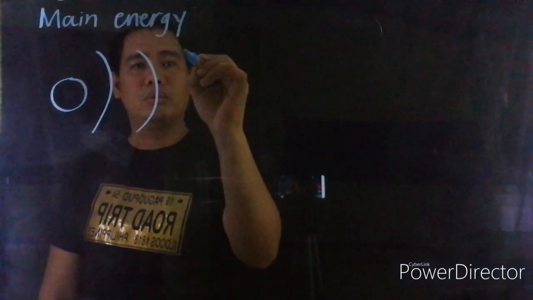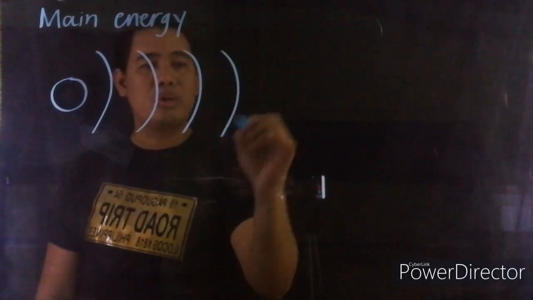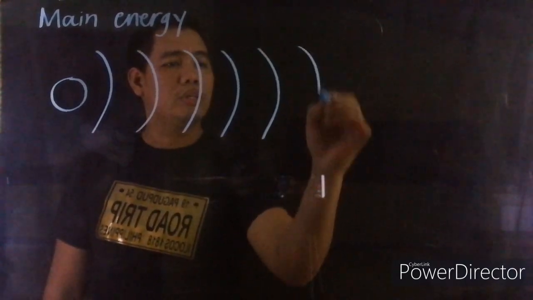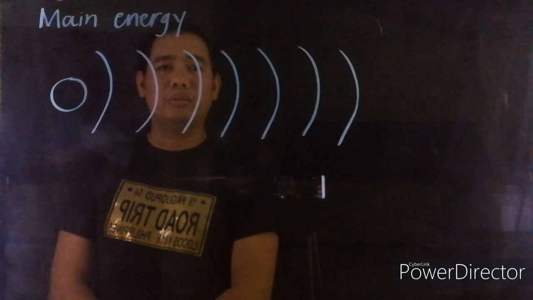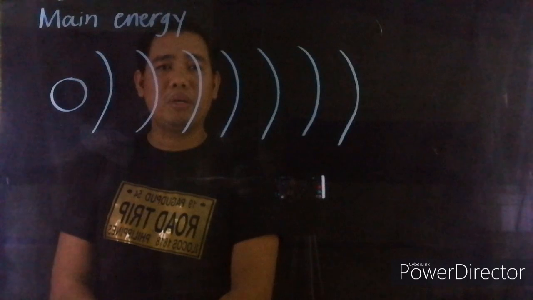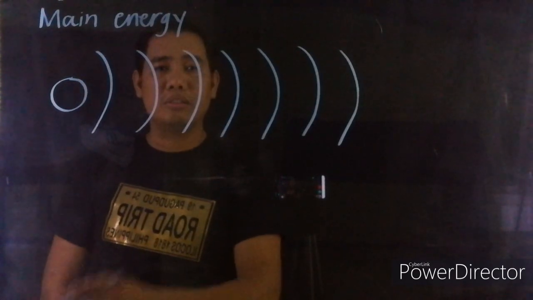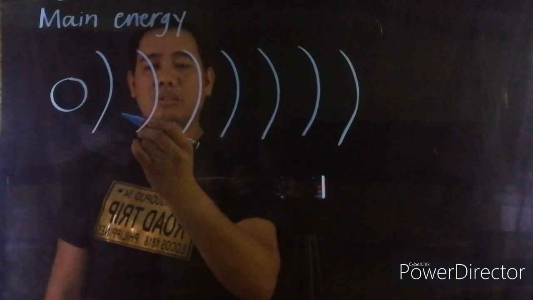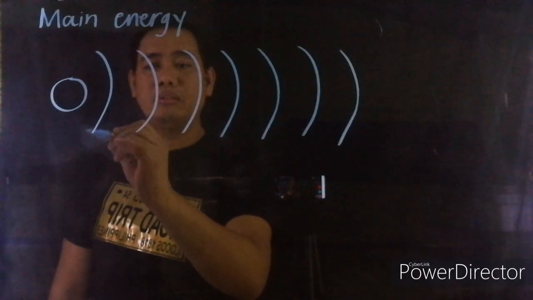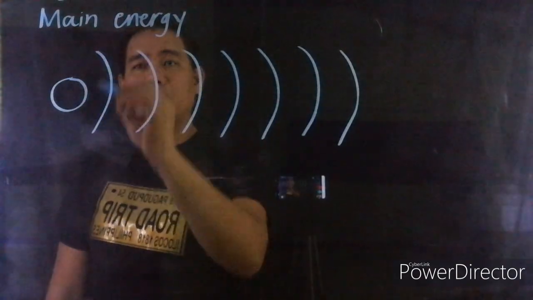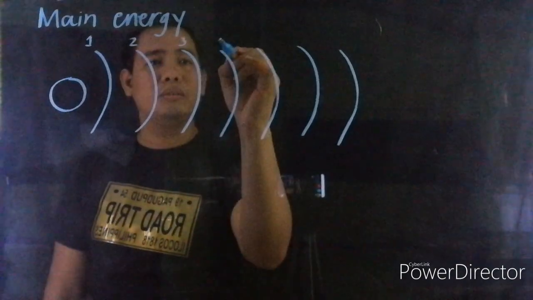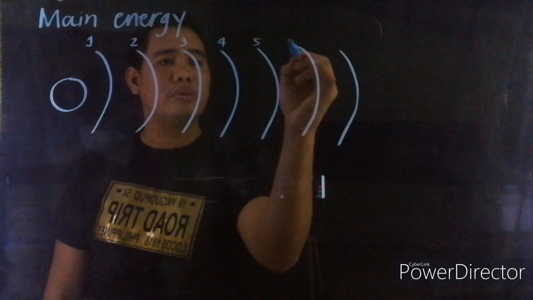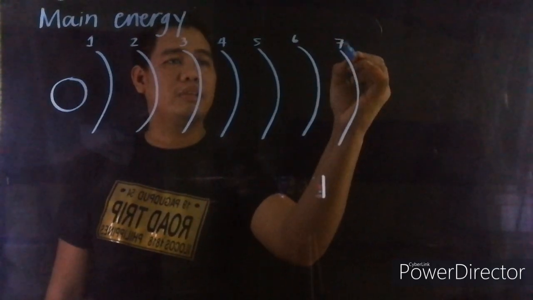So we have 1, 2, 3, 4, 5, 6, 7. So each shell or energy level consists of a specific number of electrons. So we have the first shell, second shell, third shell, fourth, fifth, sixth, and seventh.